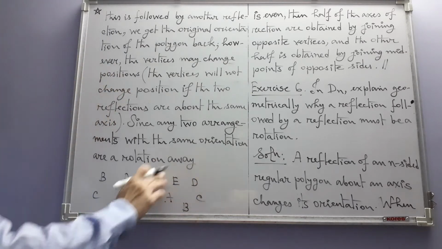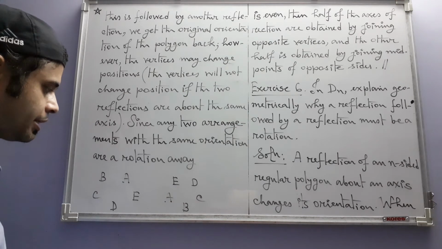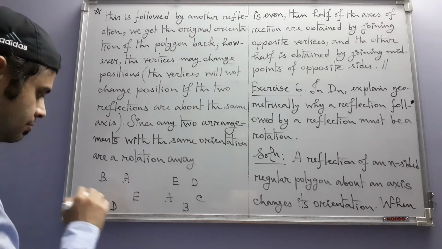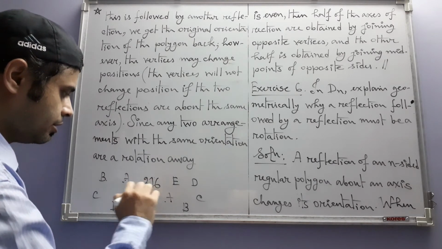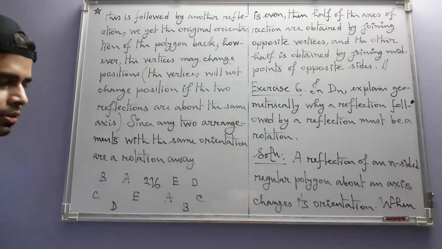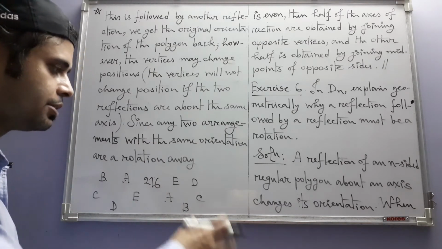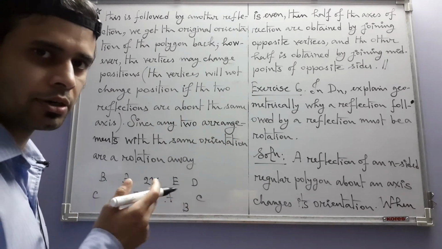Here also the orientation is counterclockwise, and these two arrangements are just a rotation away through an angle of 216 degrees in the counterclockwise direction. So you can understand very easily that this will happen in a general n-sided polygon also.